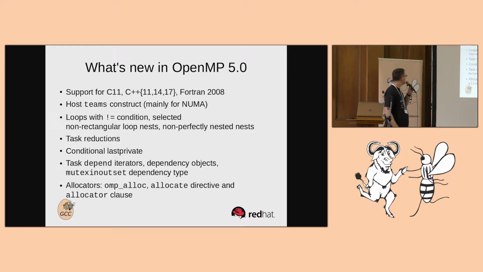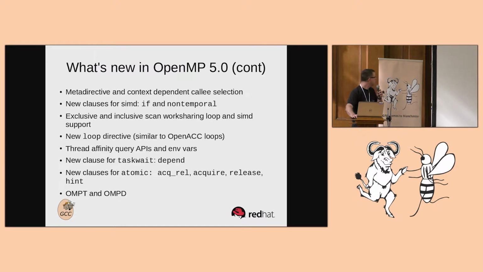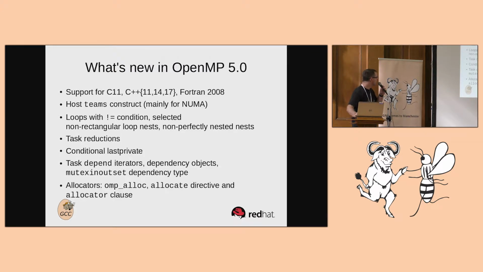For loops, in the past the condition had to use greater, greater-equal, less, or less-equal comparisons. We can now use unequal as well, which is something that C++ people keep writing in their loops. There can also be some selected non-rectangular loops where you collapse multiple loops together, and the inner loop can depend on the outer loop iterator.